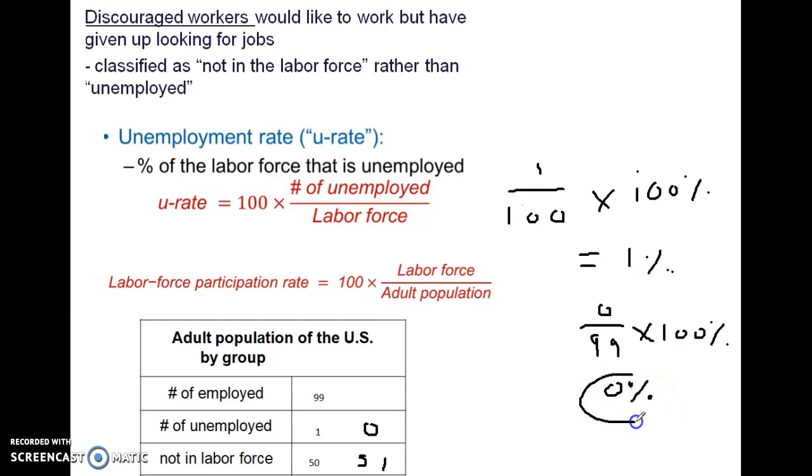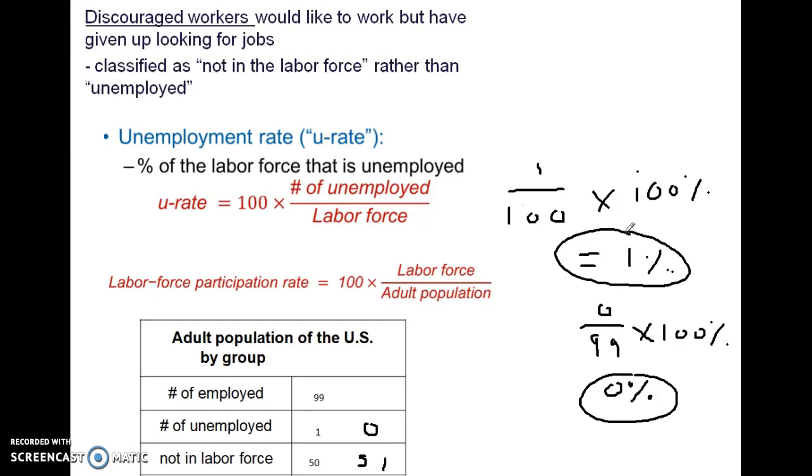So this is the current unemployment rate once the person gives up. So look at what happened here. Previously, when the person was looking, the unemployment rate was 1%. Now, once the person gives up, it's 0% because they're no longer in the labor force anymore. So you can kind of see how it would give the impression that the labor market was improving.